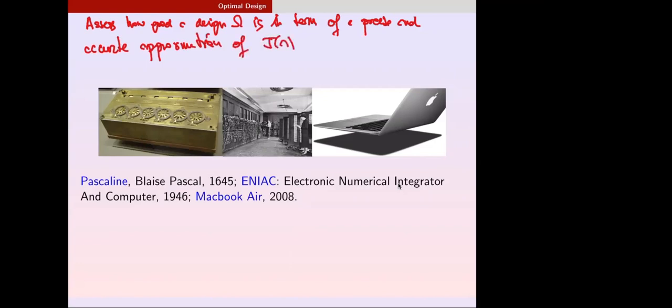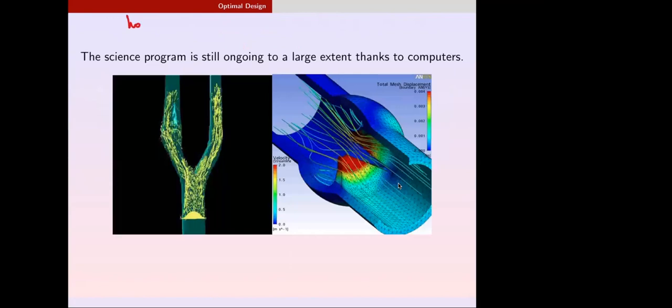Okay? And then once you know what the value of J omega is, you can decide whether the design you have is good enough, or whether you need to improve the design to get a new one, right? This is the key. Okay, computational mathematics are the key.